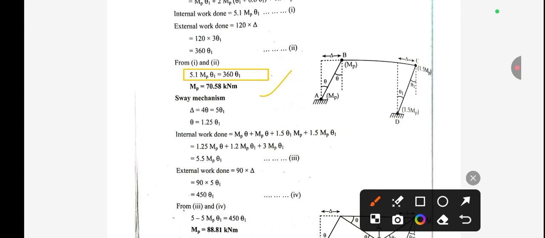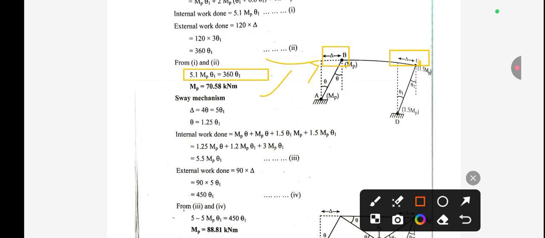Now we have a sway mechanism. Okay. So for the sway mechanism, you can see the sway mechanism occurs due to this horizontal load. So here two different deflections will occur, that is here delta and this will be delta. Okay. And the angle made by this is theta 1, this is also theta 1.